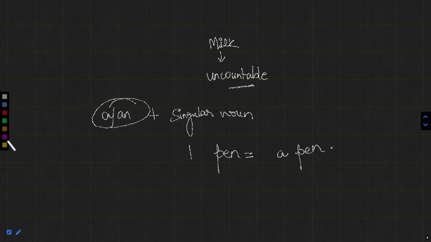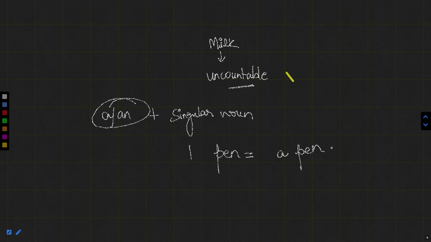Uncountable nouns cannot be classified on the basis of singular and plural, or on the basis of numbers. If something cannot be classified in terms of numbers, we cannot say that either it is one or more than that, because that is uncountable. It is measurable but it is not countable.